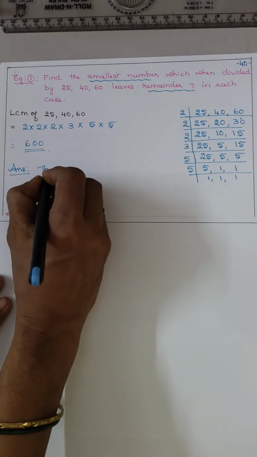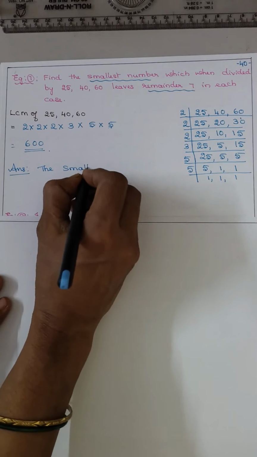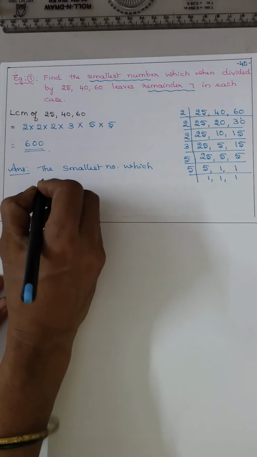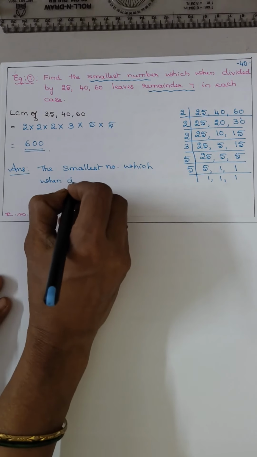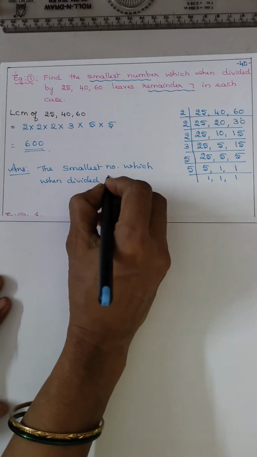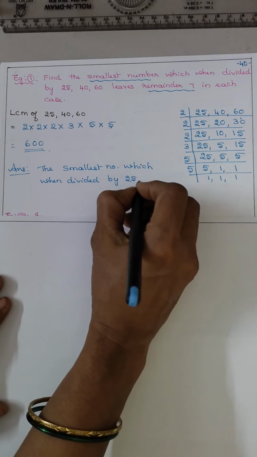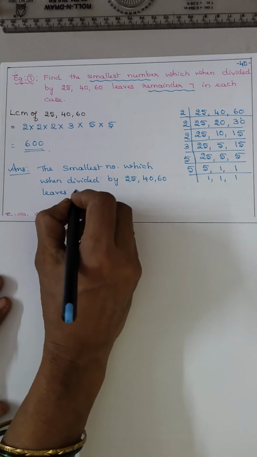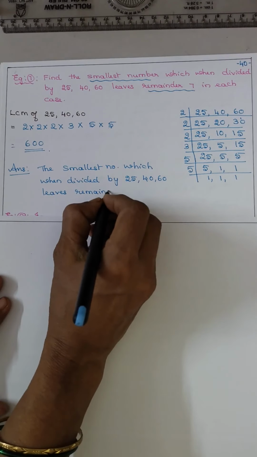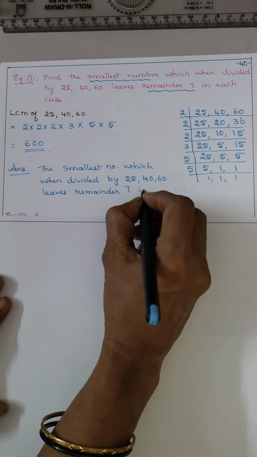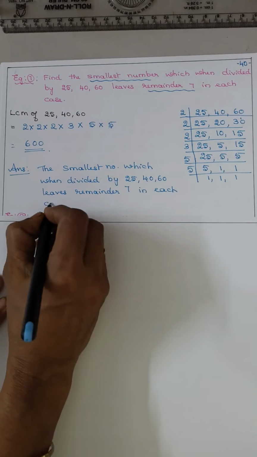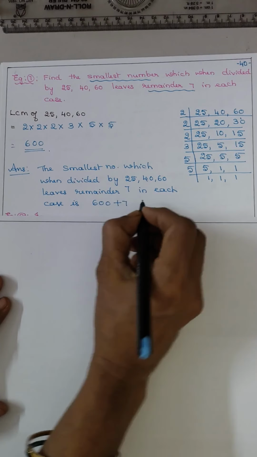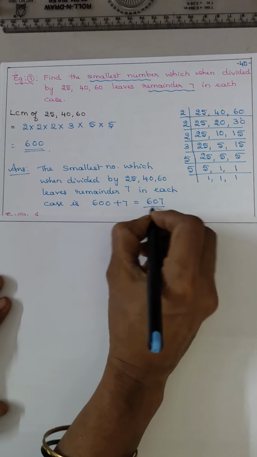Now coming to the answer. The smallest number which when divided by 25, 40, 60 leaves remainder 7 in each case is 600 plus 7, that is 607.